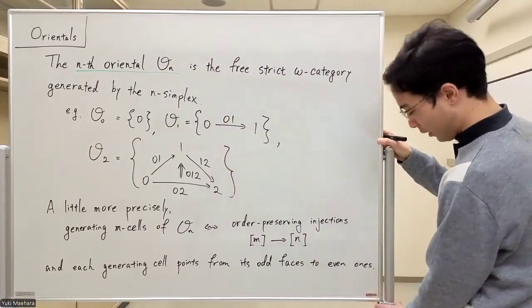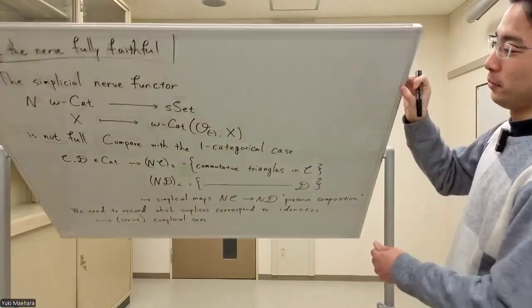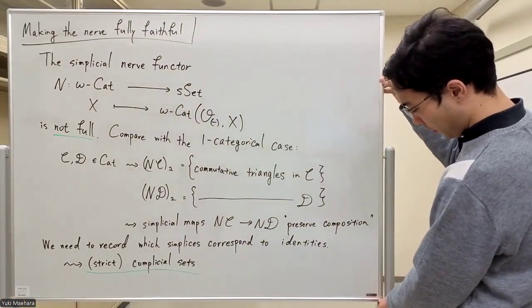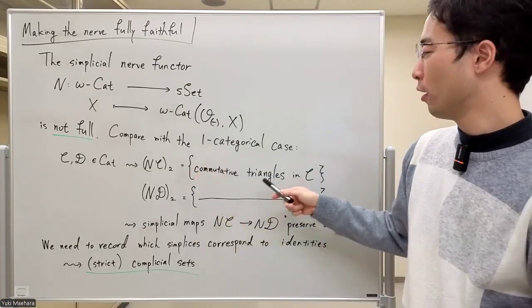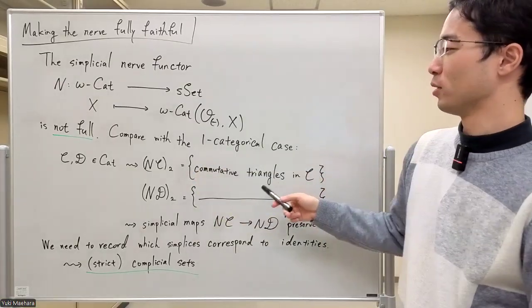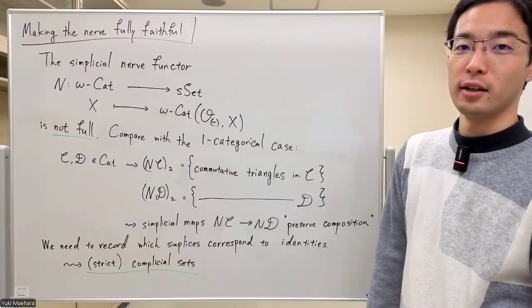So what that means is if you look at the 2-simplices in the nerve of an omega category, you do get triangles, but they are not necessarily commutative.